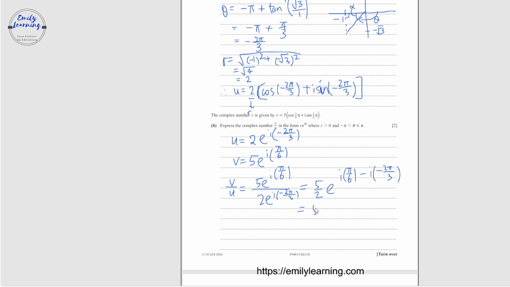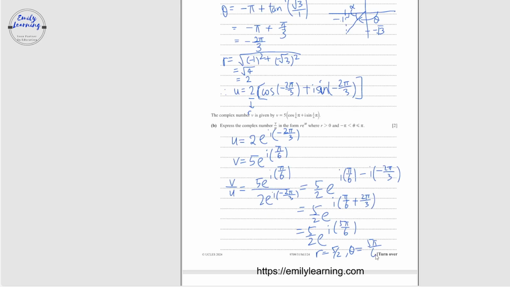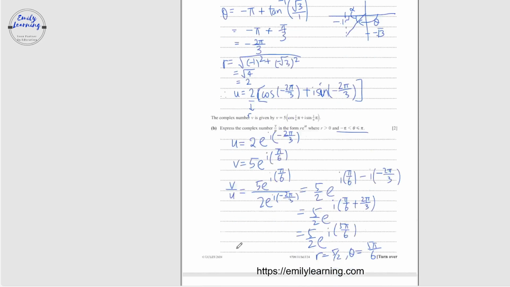So it is the same as i pi over 6 plus 2 pi over 3, which will give you 5 over 2 e to the power of 5 pi over 6. So we know that from here, the r is 5 over 2, and the theta is 5 pi over 6. And 5 pi over 6 lies within this range, and r is greater than 0. So we are done with part B.